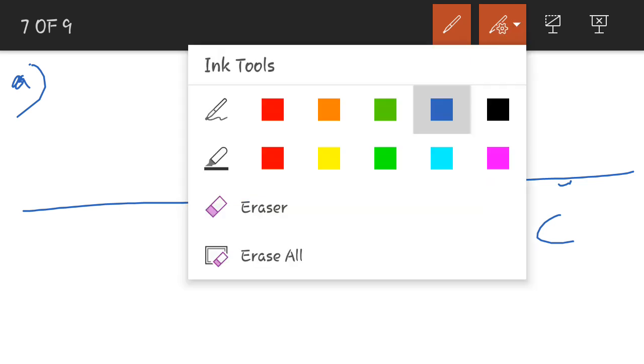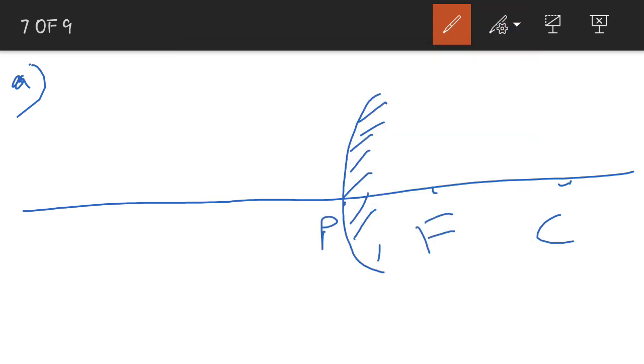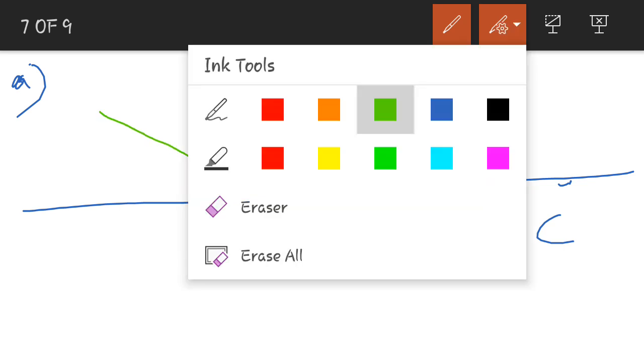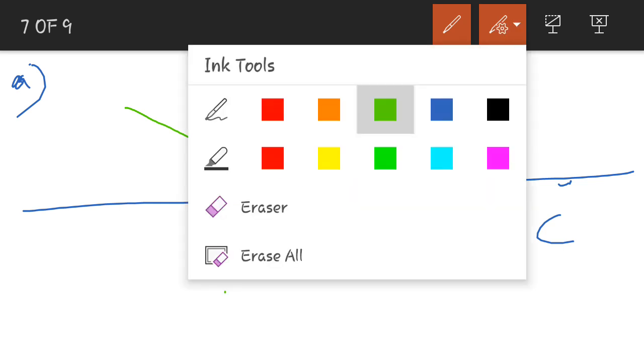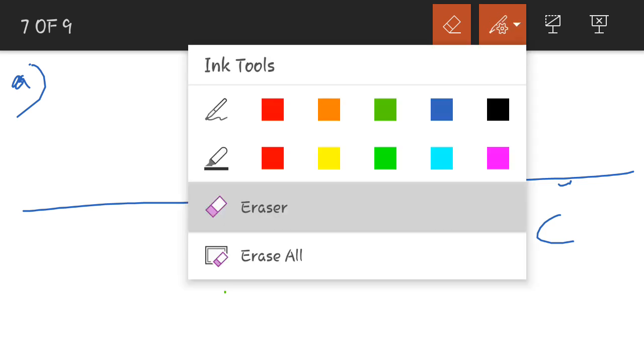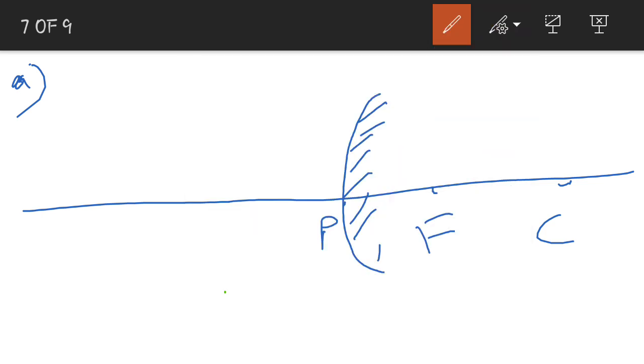According to the question, striking at the pole means if an incident ray is striking at this pole, then it will be reflected back in this manner.